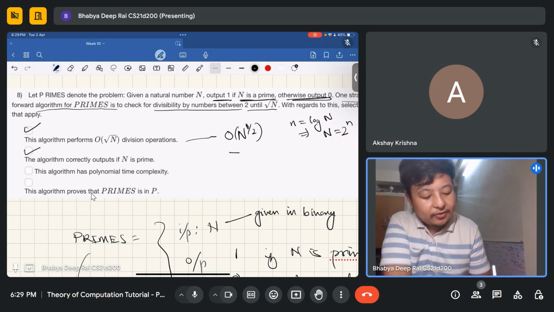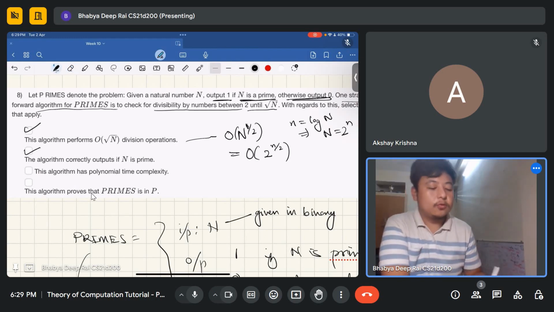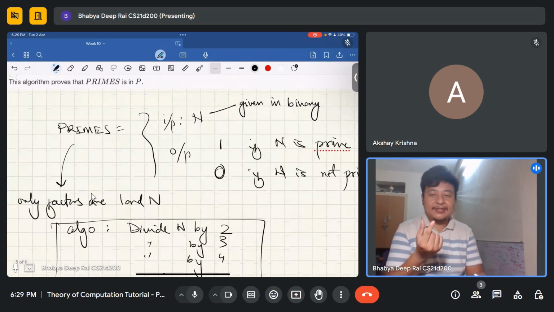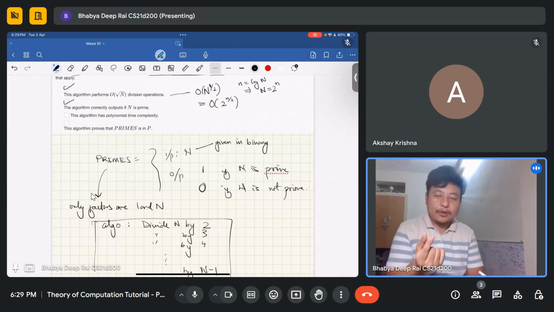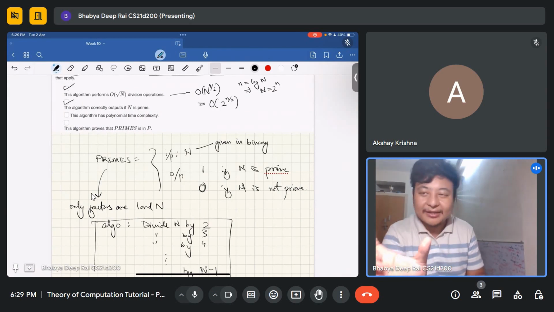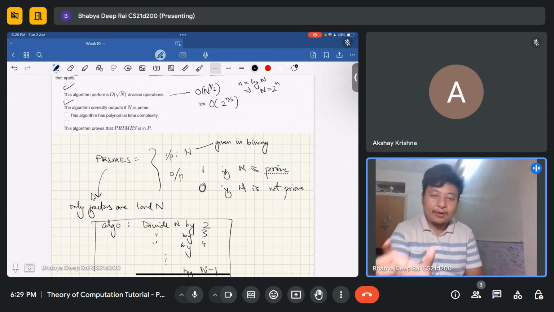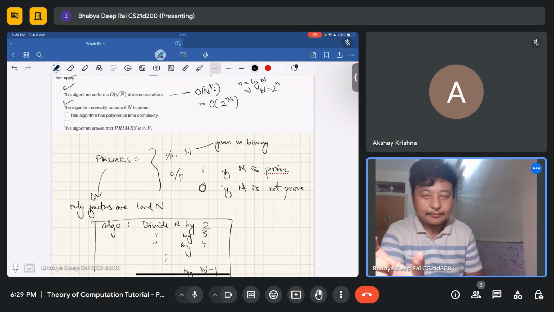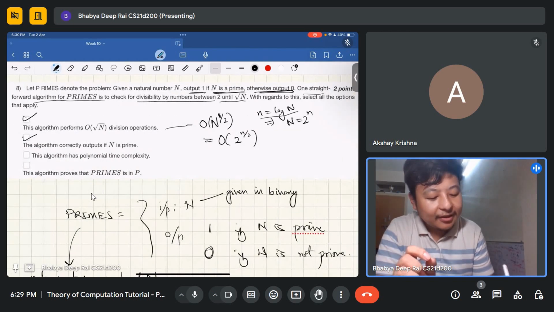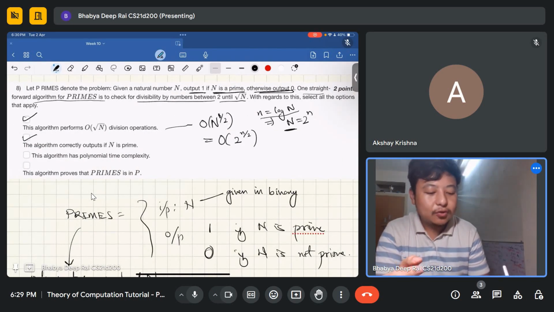This is equal to order of 2 to the n by 2. Getting it? So this is the catch actually. The input given to us is given as binary. The number capital N is represented in binary. If it is represented in binary, what is the length of the input? Log of capital N. So what is capital N actually? 2 to the n.